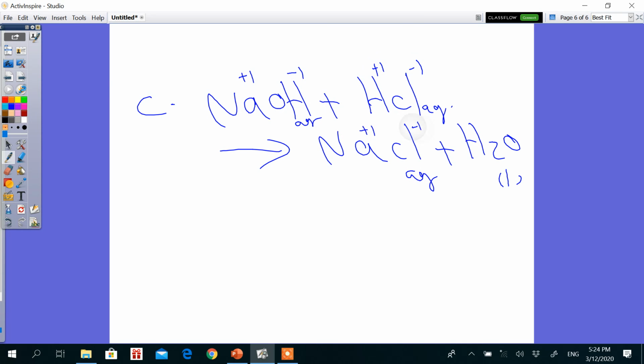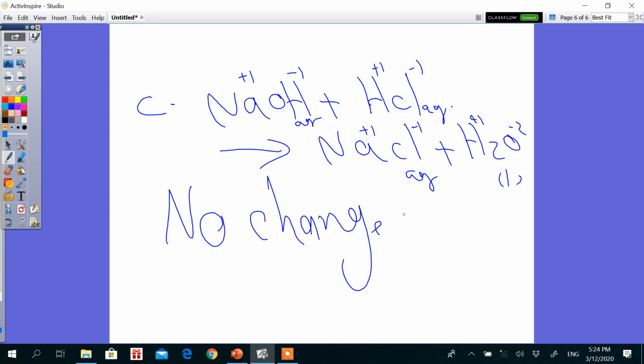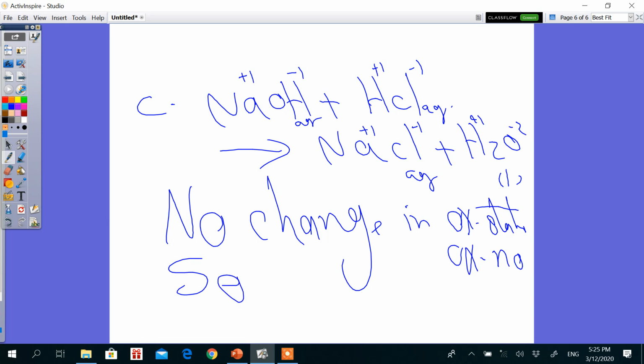So there is no change in oxidation states or oxidation numbers, so it is not a redox reaction. It is not an oxidation or reduction reaction.